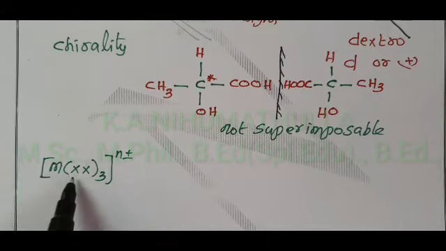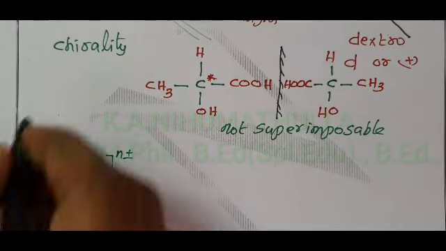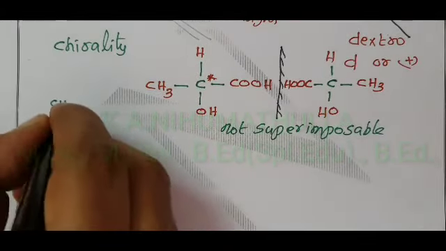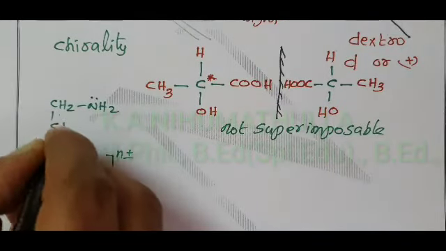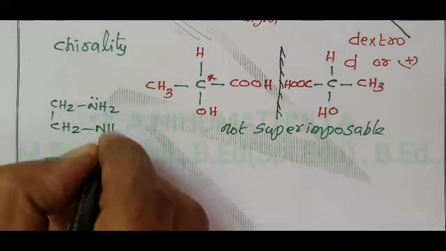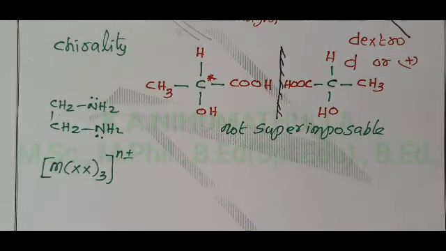A bidentate ligand with the same donor atom, example ethane 1,2 diamine, nothing but ethylenediamine. What is the donor atom here? Nitrogen is the donor atom. A bidentate ligand with two same donor atoms.